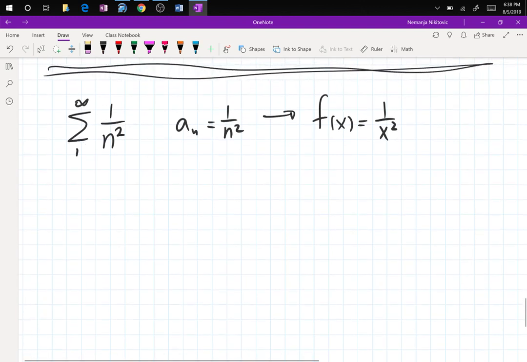We need 3 conditions to hold in order for this to work out. Number 1, continuity.